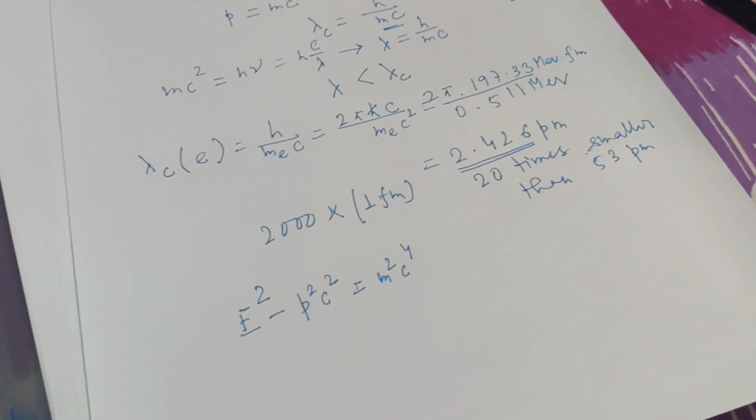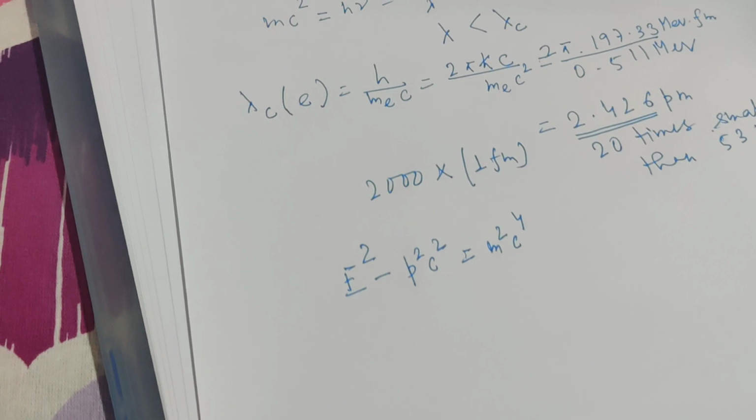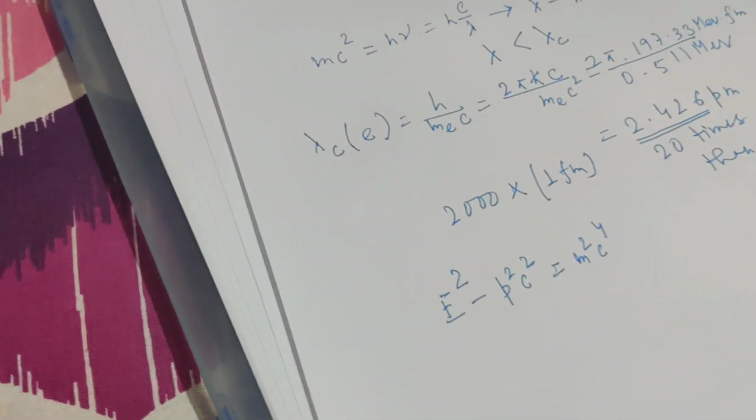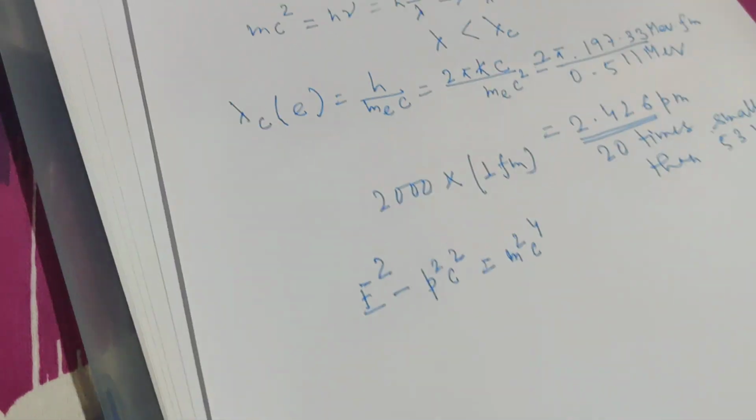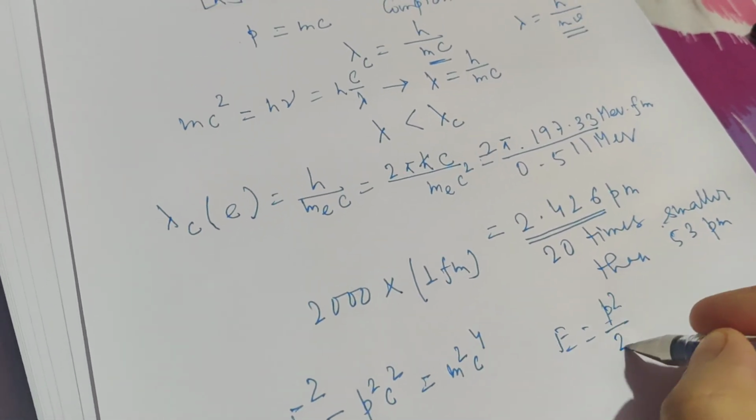And from this we can recover the classical equation E is equal to P square by 2m.